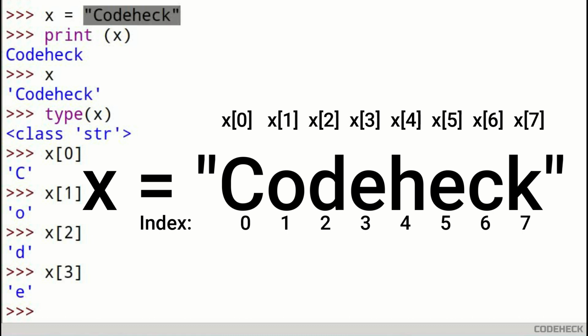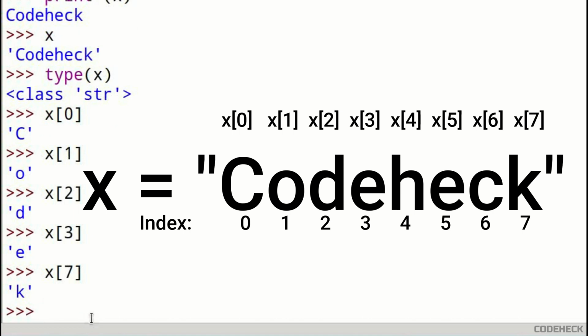So this is how this string operation is working when we are just typing the variable name, and then inside the square bracket I am typing some numbers like 7. You'll see K: 0, 1, 2, 3, 4, 5, 6, 7.